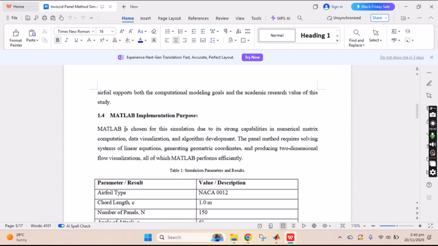So here is the MATLAB implementation purpose. Basically, we used MATLAB for numerical matrix computation, data visualization, and algorithm development. The panel method requires solving linear equations, generating geometric conditions and coordinates, and producing two-dimensional flow visualizations.